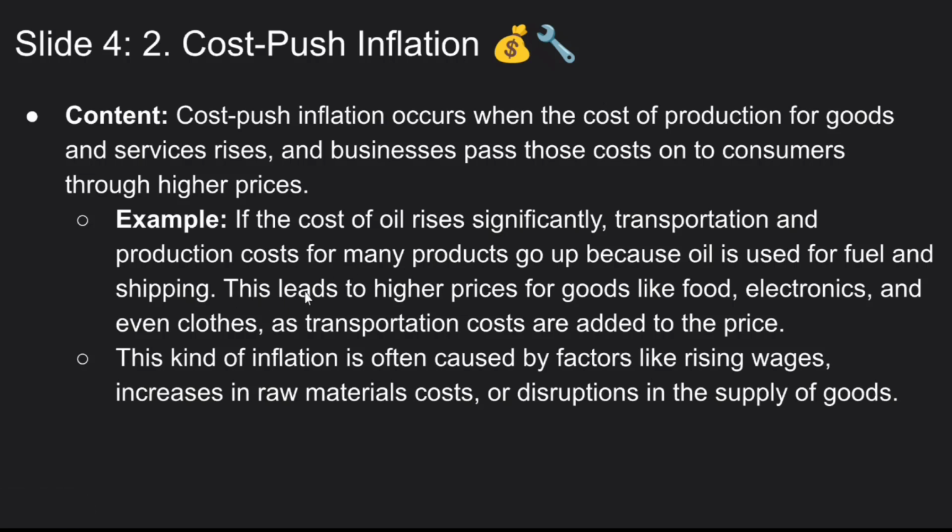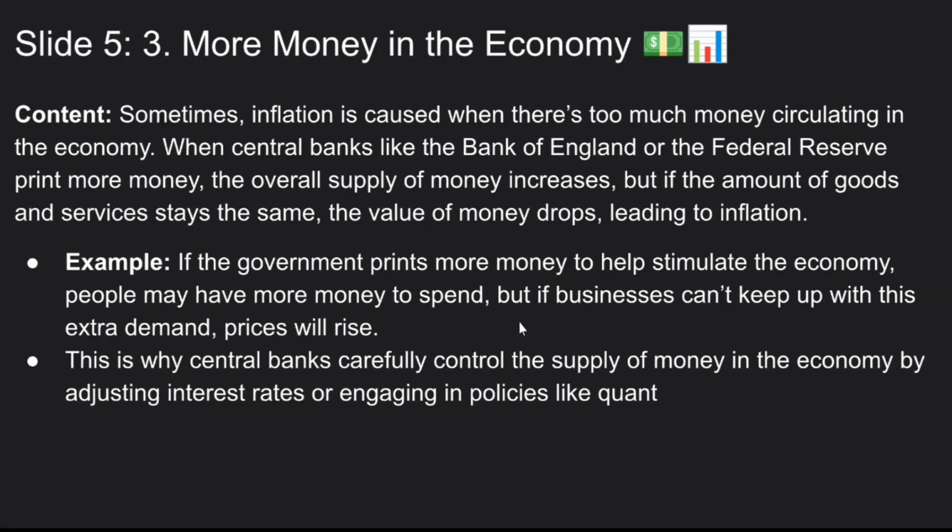This leads to higher prices for goods like food, electronics, and even clothes, as the transportation costs are factored into the price. This kind of inflation often is caused by factors like rising wages, increases in raw material costs, or disruptions in the supply of goods.